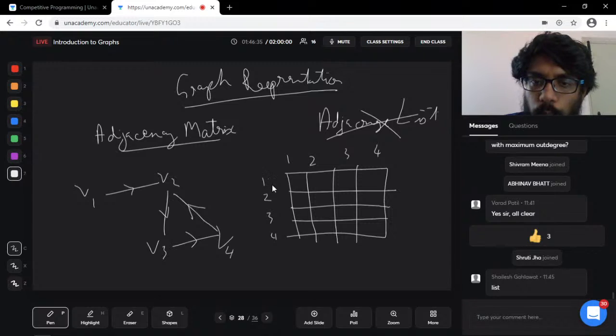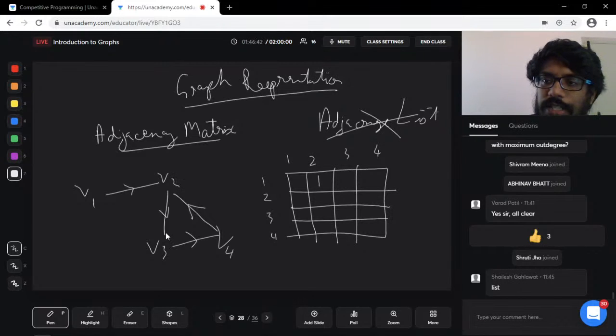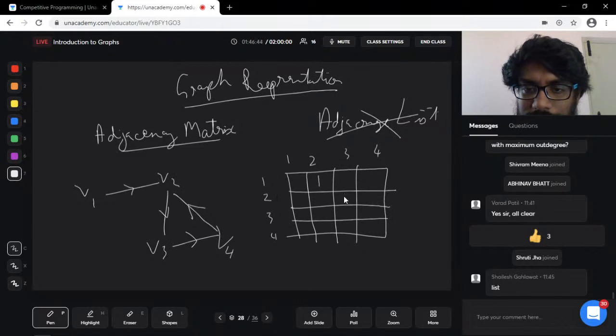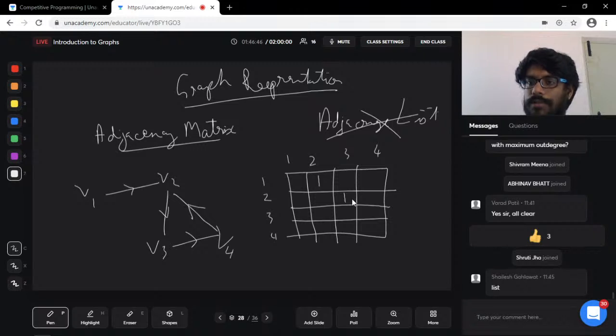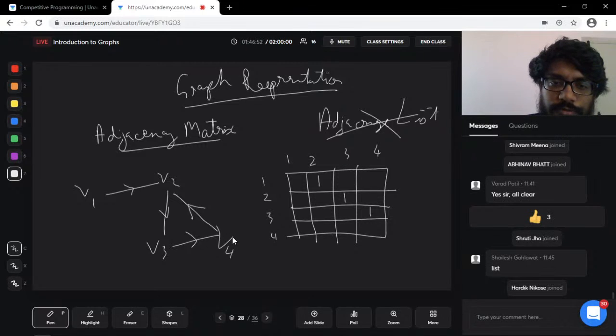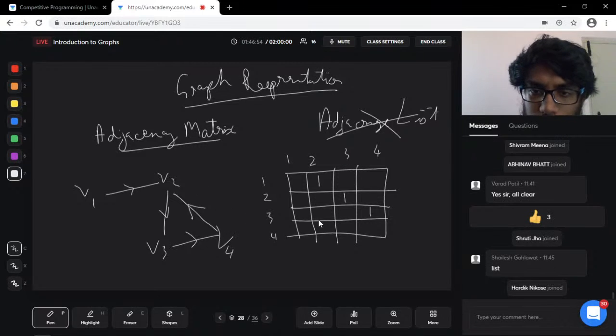So 1, 2 will be a 1. There's an edge from V2 to V3. So 2, 3 will be a 1. There's an edge from V3 to V4. So 3, 4 will be a 1. There's an edge from V4 to V2. So 4, 2 will be a 1. And everything else will be a 0.